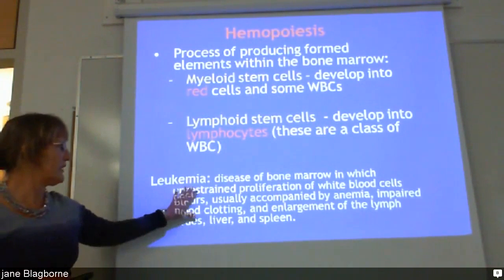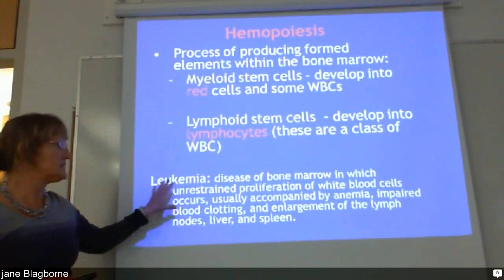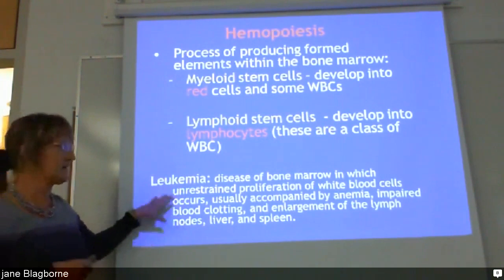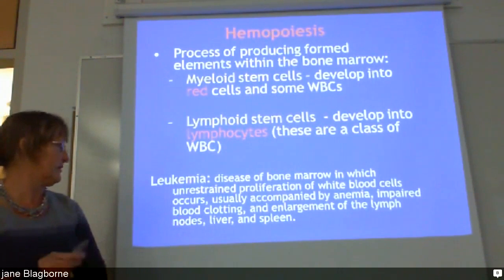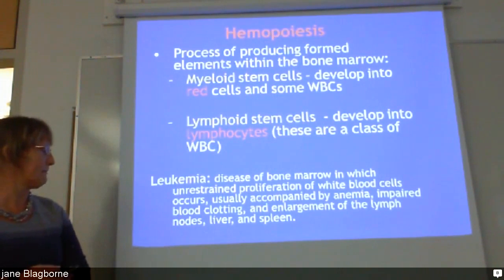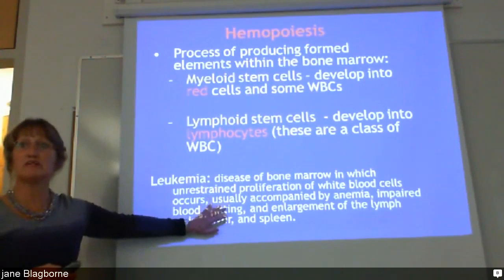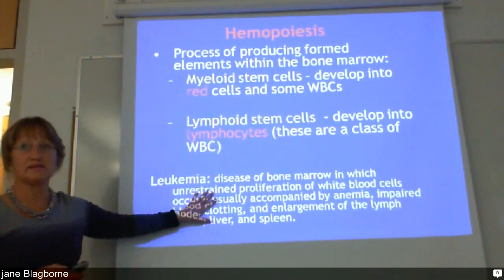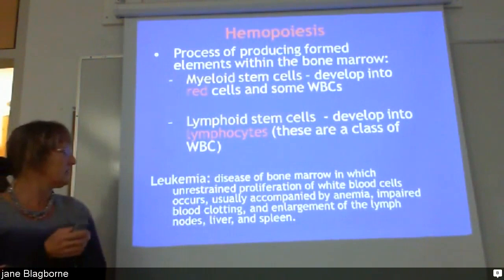You'll see a lot of elderly people with leukemia, and they often will die from a secondary infection like a pneumonia or that type of thing. I'll just let you break that down. You don't have to really write down the leukemia part. Yeah, just the top part, because you'll be studying all this in your nursing classes.